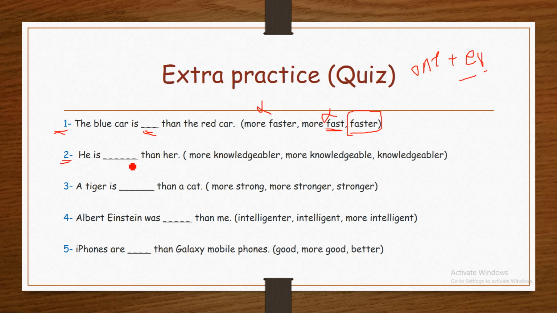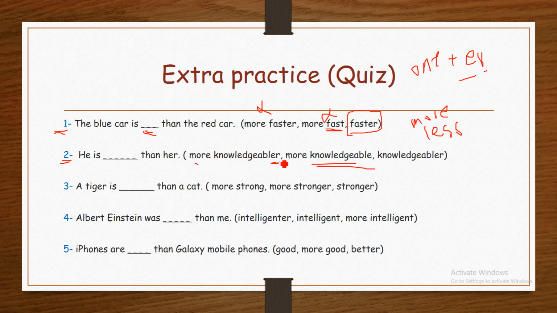Number 2. He is blank than her. We have the adjective knowledgeable. More knowledgeable or knowledgeable? Knowledgeable has more than two syllables. Therefore, we add more or less. In more knowledgeable, more is added and er is added.